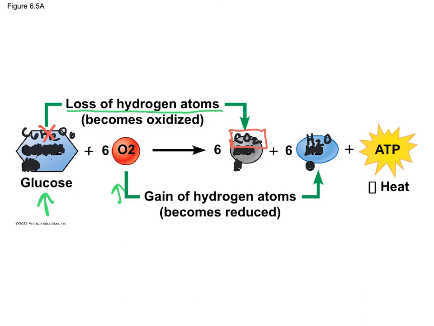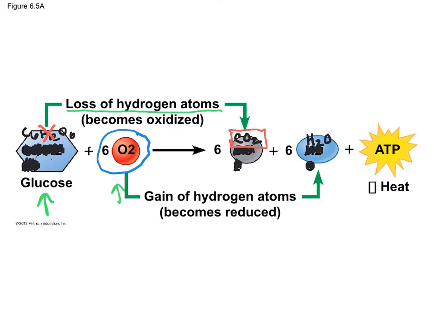But those hydrogens that we take away from glucose have to go somewhere. Remember, this is energy, so energy is never lost or destroyed, it's just transformed. So we're just going to shuffle electrons or hydrogen atoms and their electrons around. What happens is oxygen becomes reduced. See this oxygen right here?